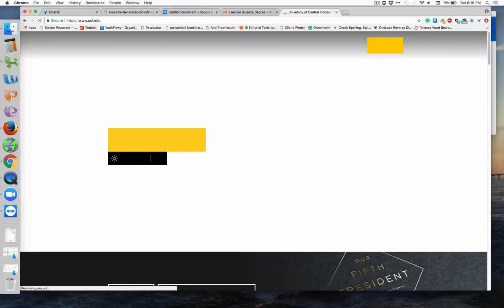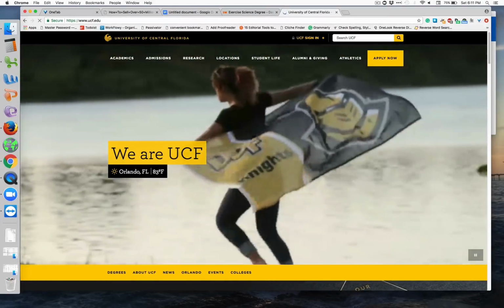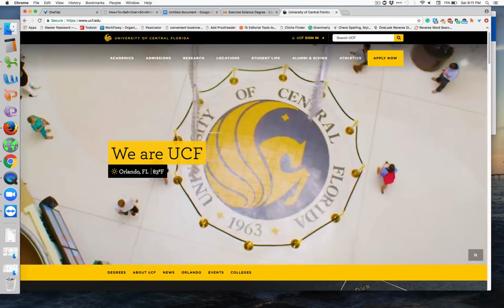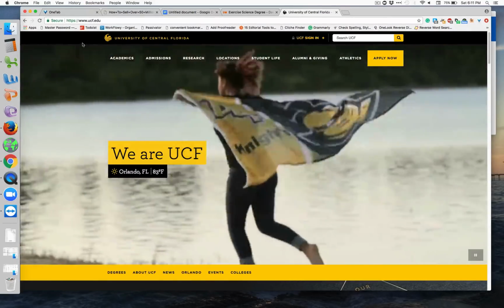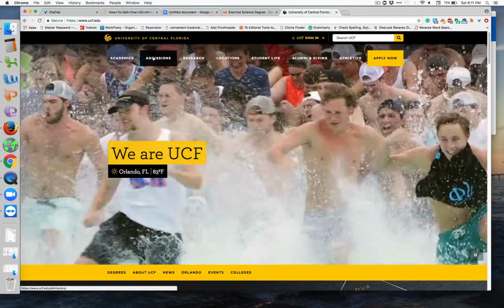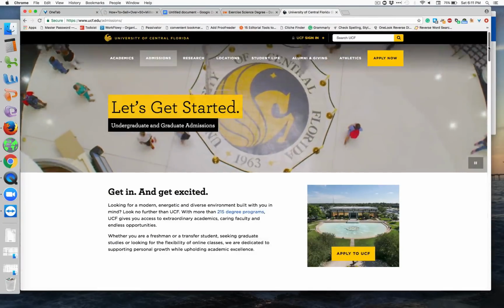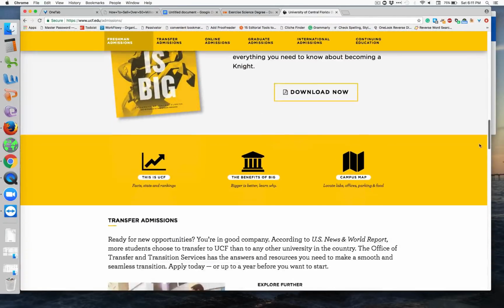So usually at these universities and colleges, they have a directory of the people who work there. They've got an alumni directory. They usually have an admissions directory. They've got a directory for all kinds of things. Usually you can find it in the admissions area, who you want to contact. Some schools do not have a directory. A lot will, though.